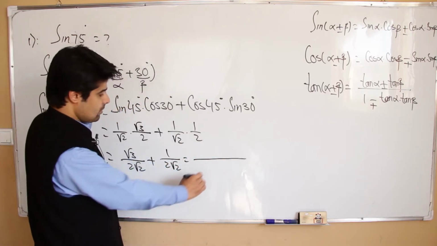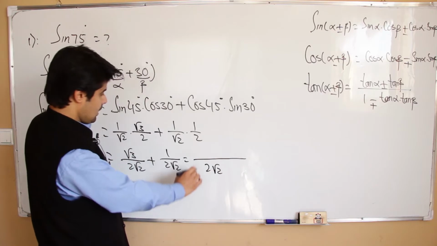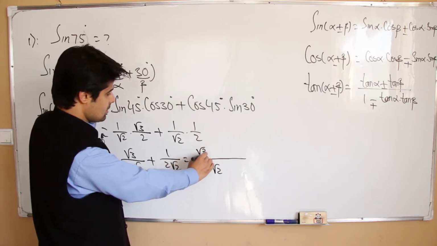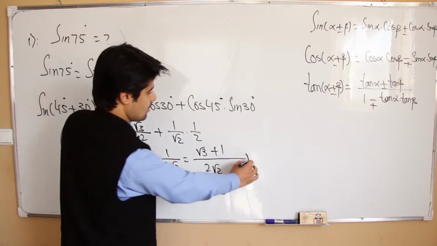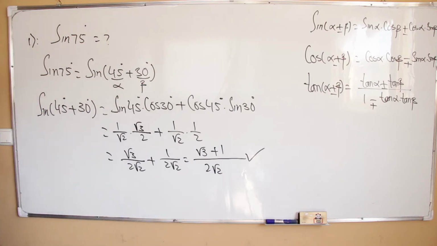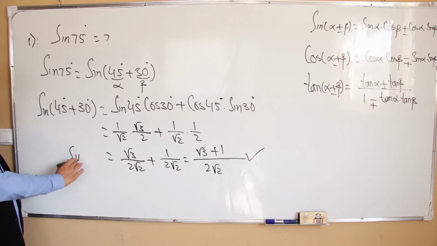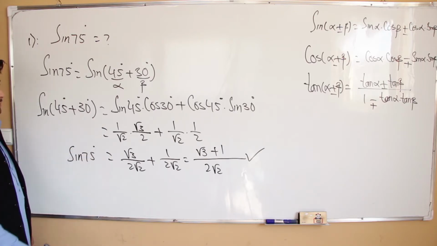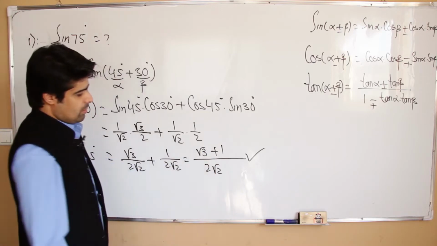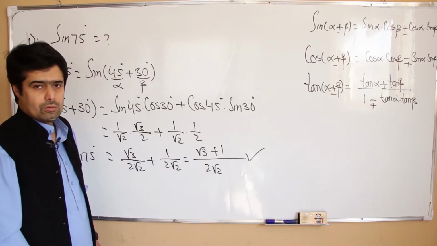The denominator is 2 root 2, and our numerator is root 3 plus 1. This is sine of 45 plus 30, which is sine 75. Now, sine 75 degree is root 3 plus 1 by 2 root 2. I think you have got it.